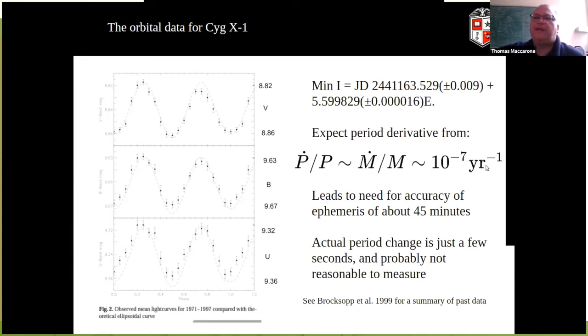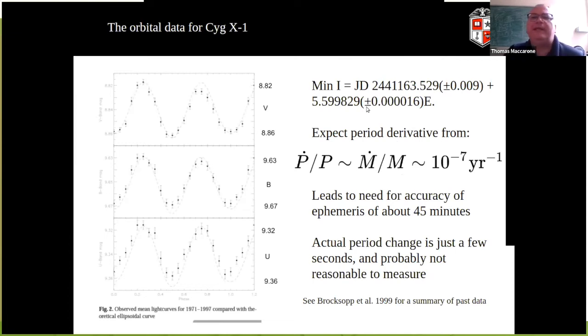So on a time scale of 10 to the 7 years, you would lose the whole mass of the star. And then the period derivative divided by the period should be pretty similar to that. And there's some factors of around 2 that come in that can vary a little bit depending on what assumptions that you make.